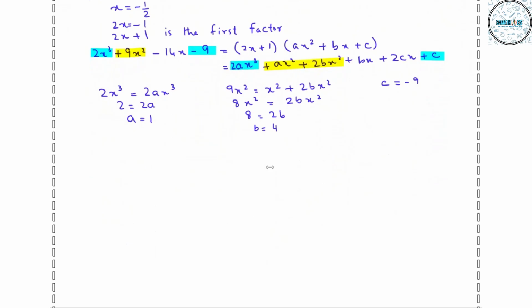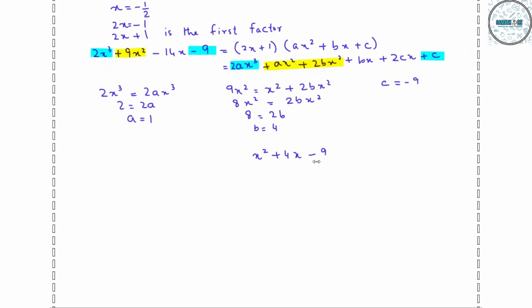So we have got the quadratic factor as ax squared, the value of a is 1, so x squared. The value of b is 4, so plus 4x. And the value of c is minus 9.